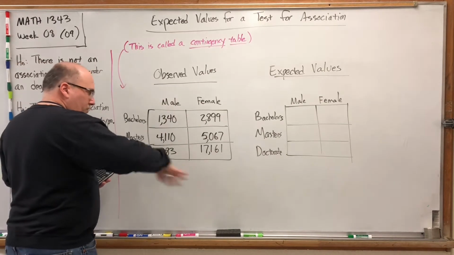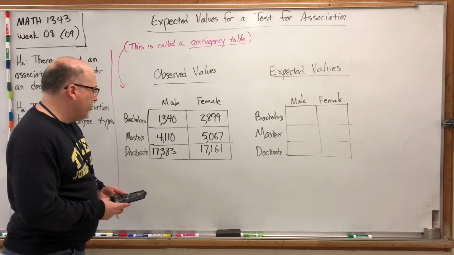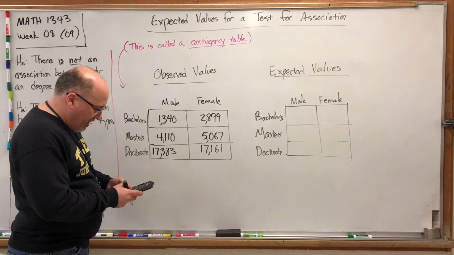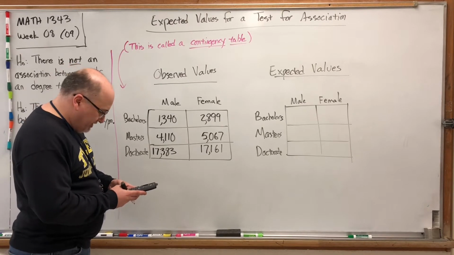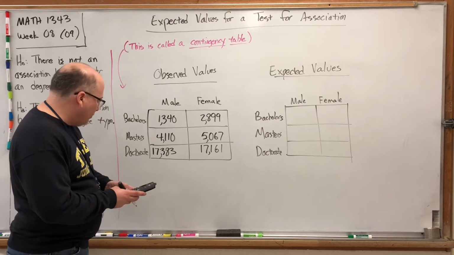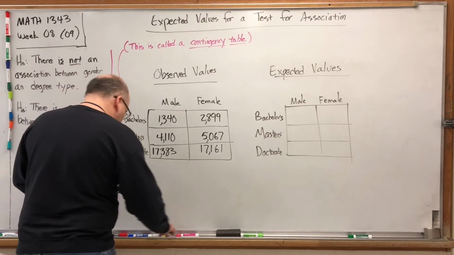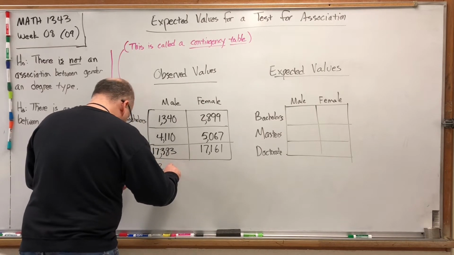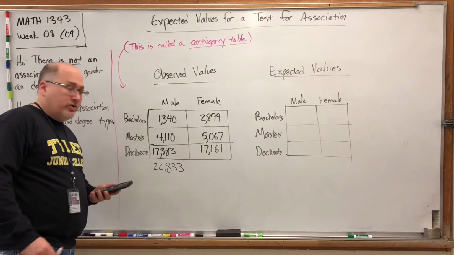When we filtered our observed data into this contingency table, we can recover how many males there were by simply adding up the first column. 1,340 plus 4,110 plus 17,383 is equal to 22,833. So that's how many males we observed.